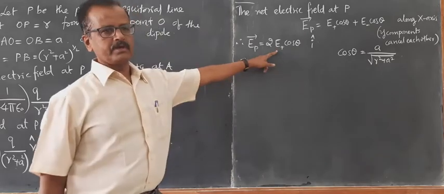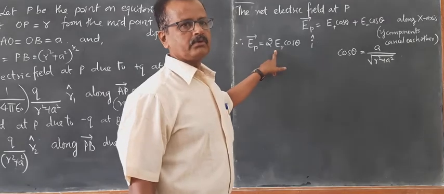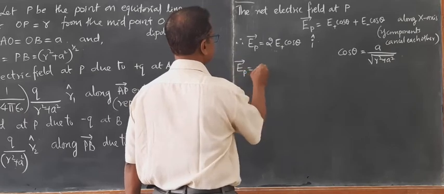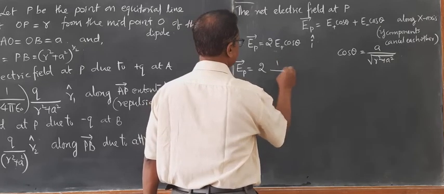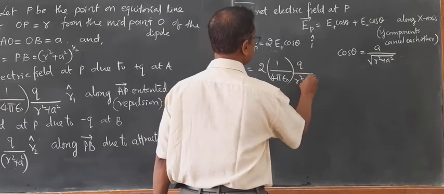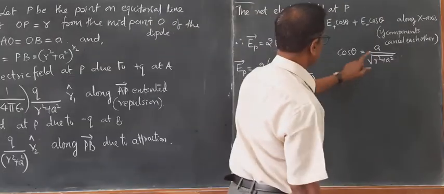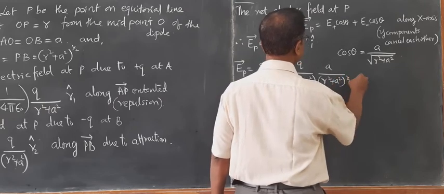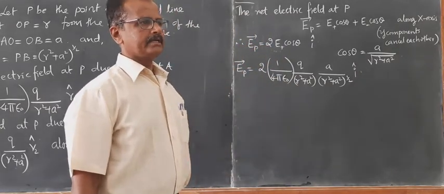And I will also substitute the value of E plus, which I got earlier as 1 upon 4 pi epsilon q upon r square plus a square. After that, what is the result? EP is equal to 2 times 1 upon 4 pi epsilon, q by r square plus a square. So this is E plus or E minus. Then cos theta is a by square root of r square plus a square, into I cap. I cap gives you the direction along the x-axis.